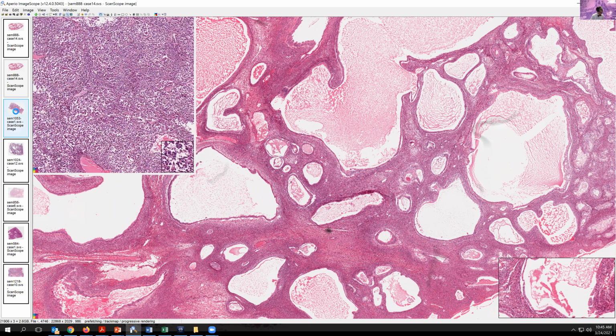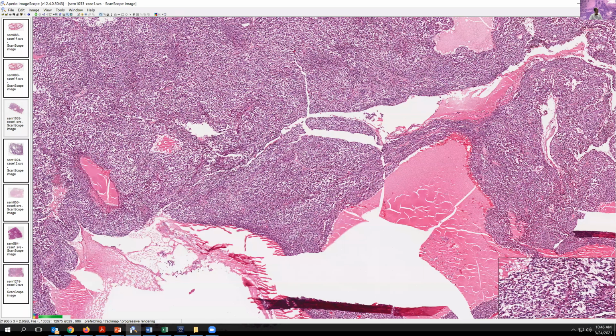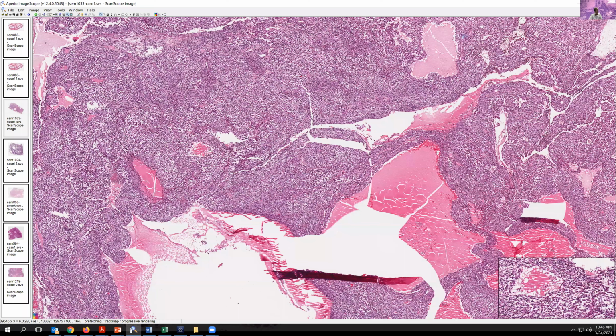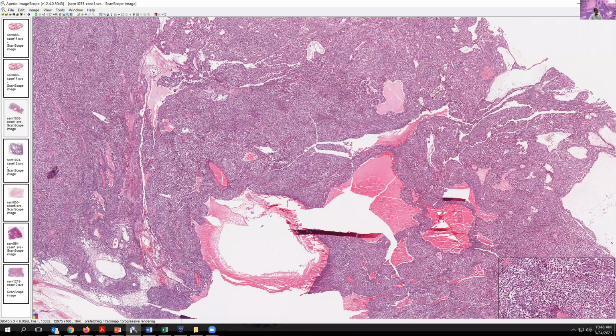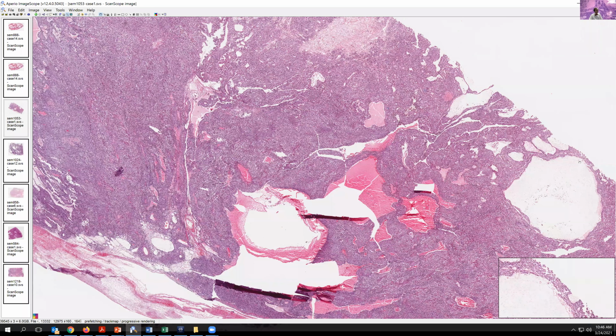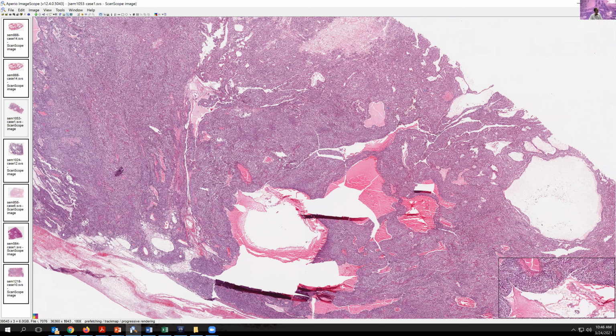So we'll look at another pattern that also has fairly large cystic structures here. We see these large, almost follicle-like structures, a little bit of eosinophilic secretion, and a background of very diffuse cellularity, somewhat blue cells.